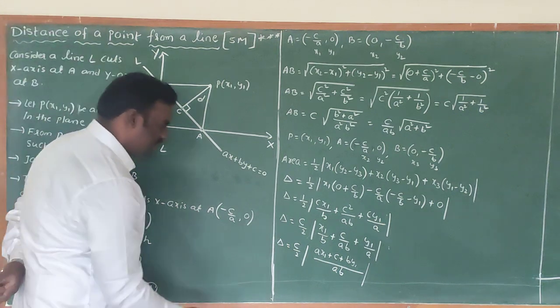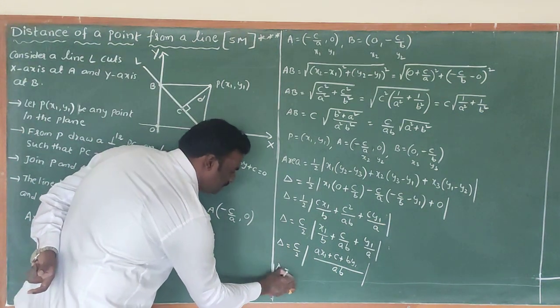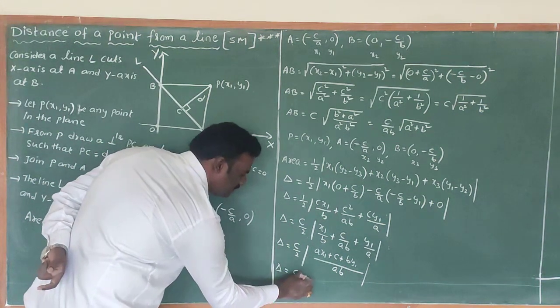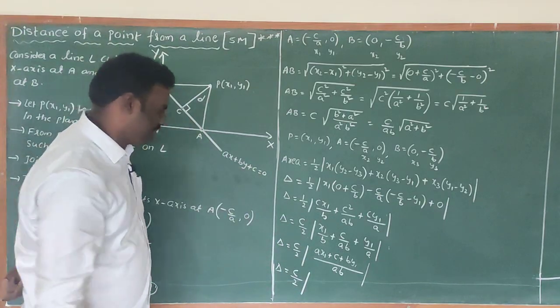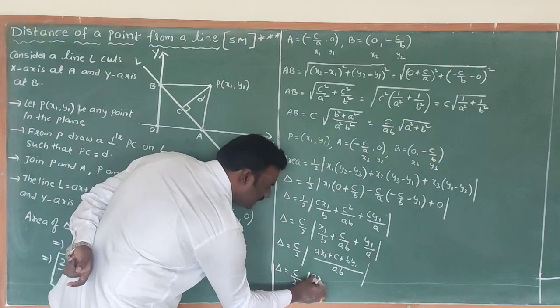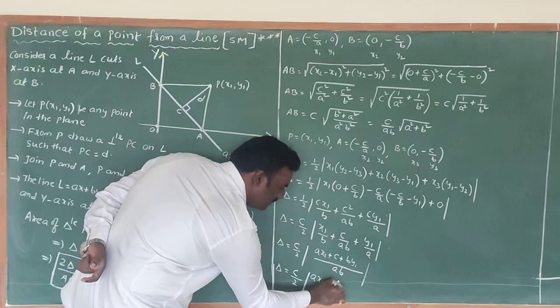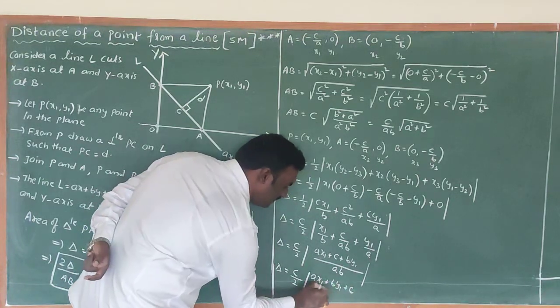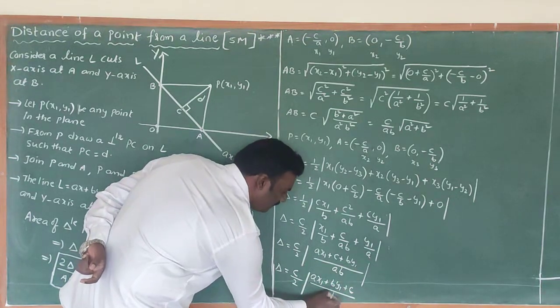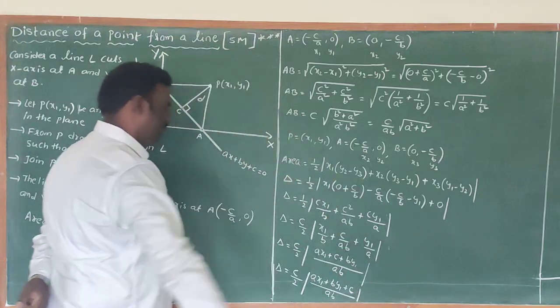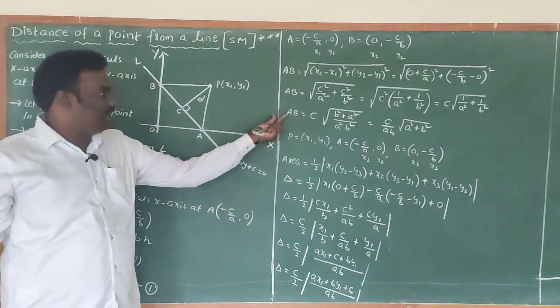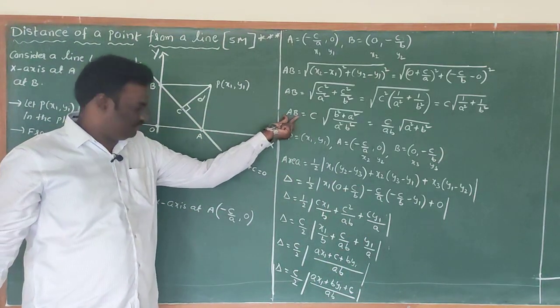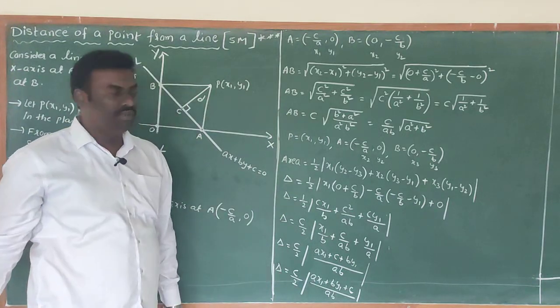If you write perfectly, then delta equals c by 2 into modulus of a x1 plus b y1 plus c by AB. So finally AB value we know, delta value we know.